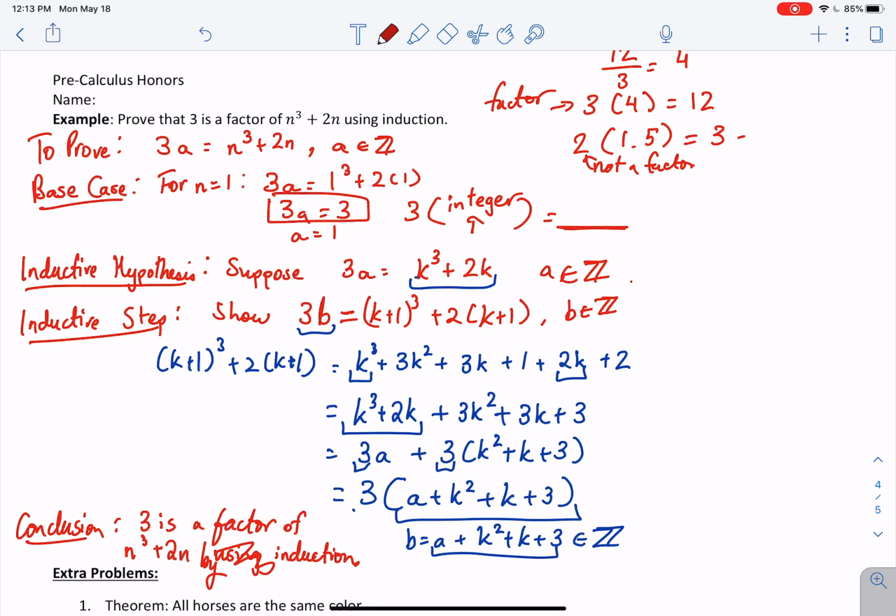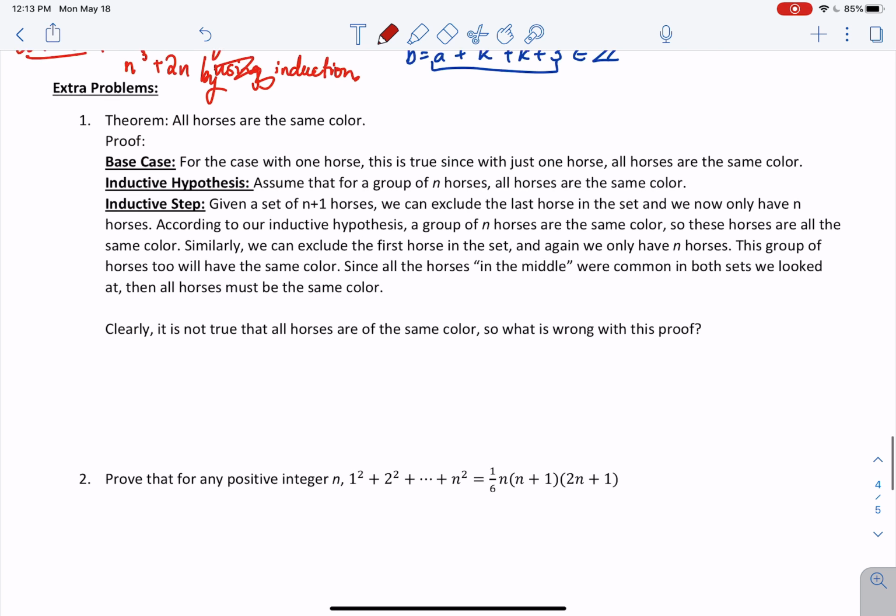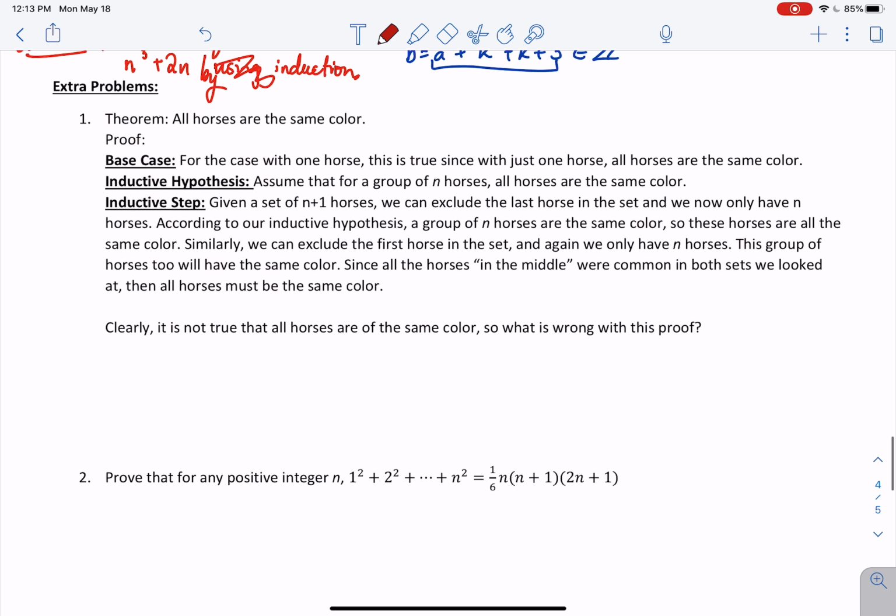So again, go through this, go through each step, try doing it yourself, justify every step to yourself as you do it, and then if you have questions, you can let me know. At the end of this, I have a few more problems for you to try. These are more challenging type problems. I really like this horse problem.